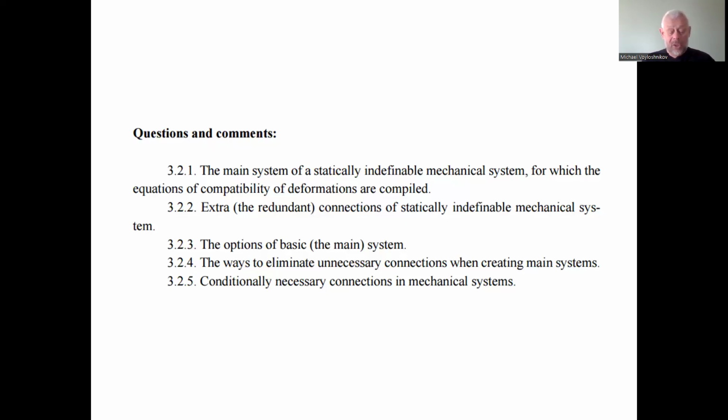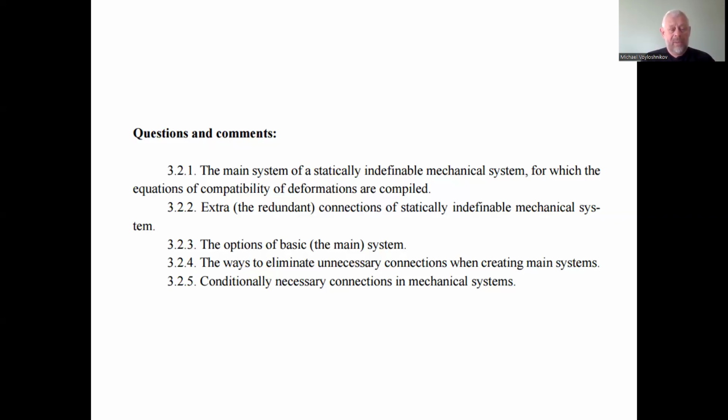For conditionally necessary connections, if we remove the connection when making the main system of the assigned statically indefinable system, the main system remains geometrically invariable.